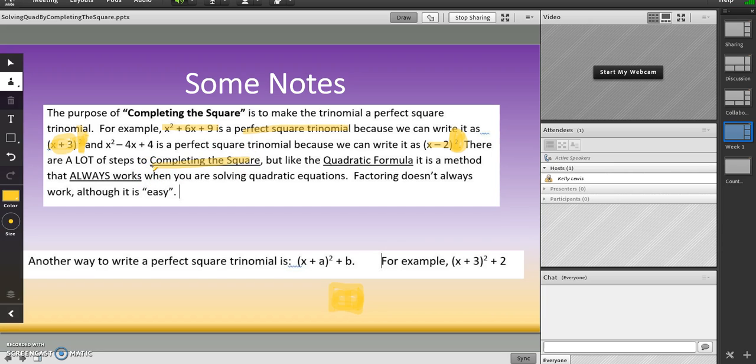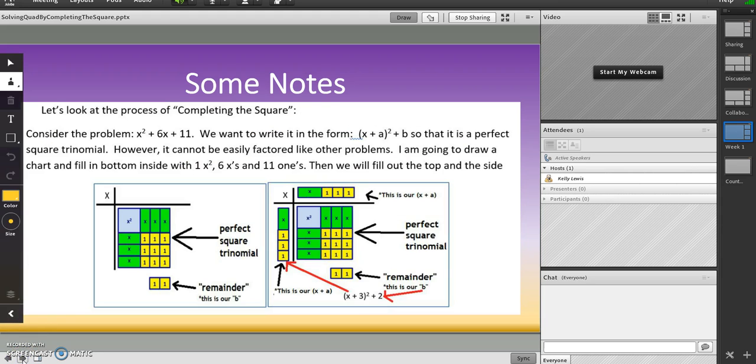Completing the square has a ton of steps. Quadratic formula has several steps, but they always work. Factoring doesn't always work, even though it's quote unquote the easiest. All right, so if we use these algebra tiles, then you visually see that you're completing a square.